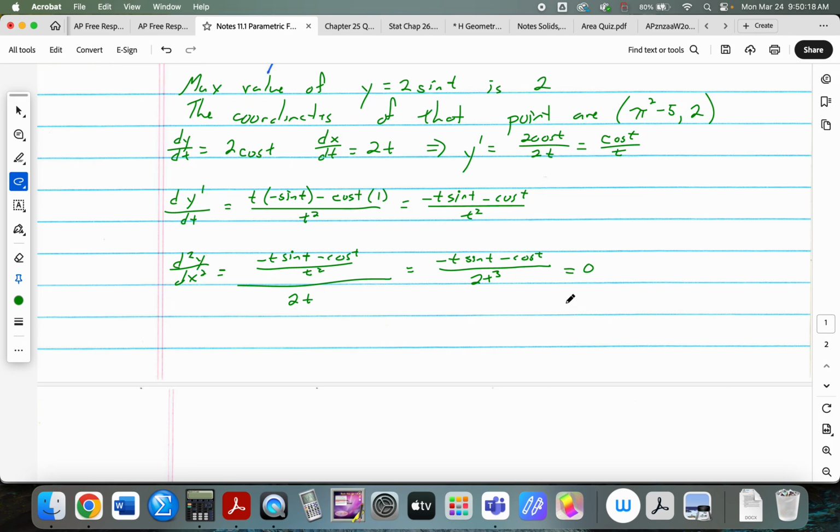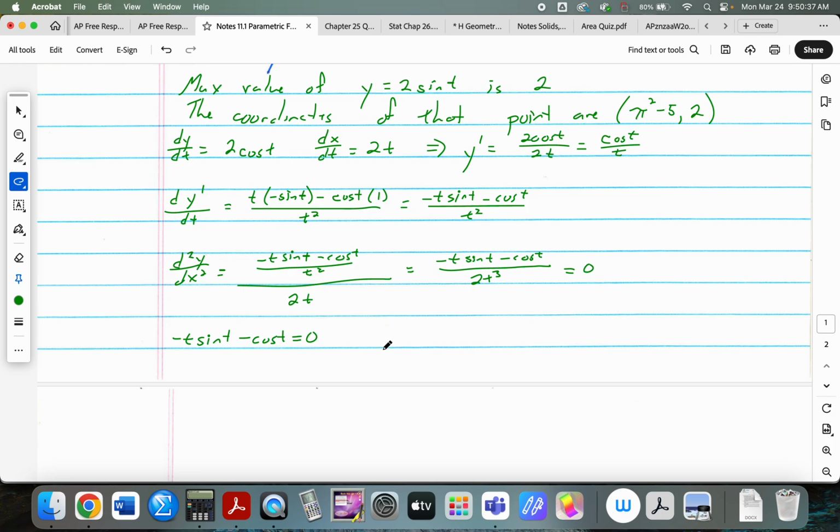And when a fraction is equal to 0, that means the numerator has got to be 0. So this means negative t sine t minus cosine t is equal to 0.